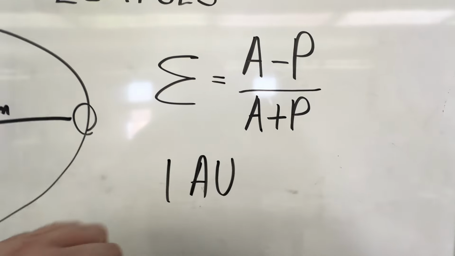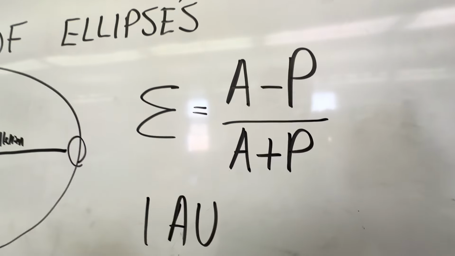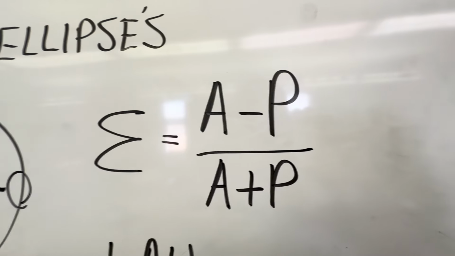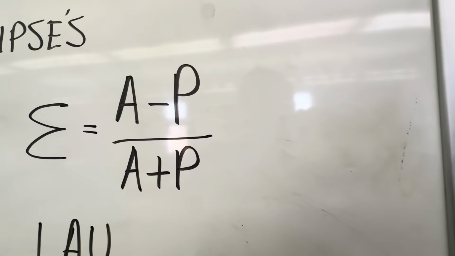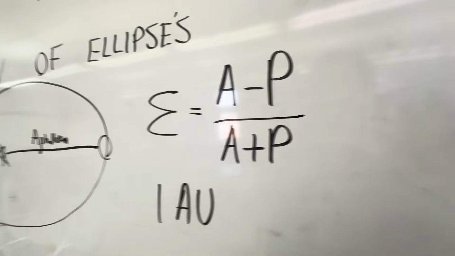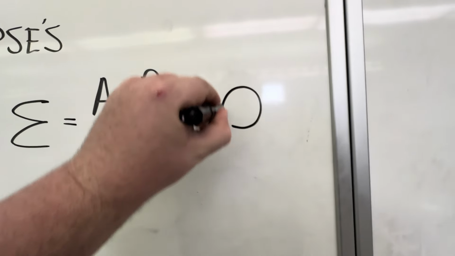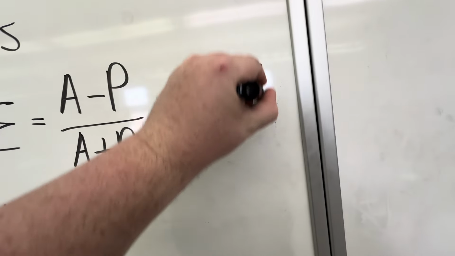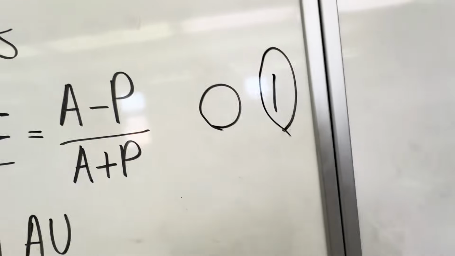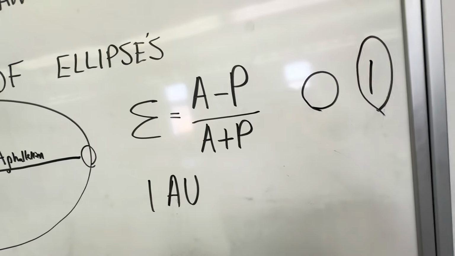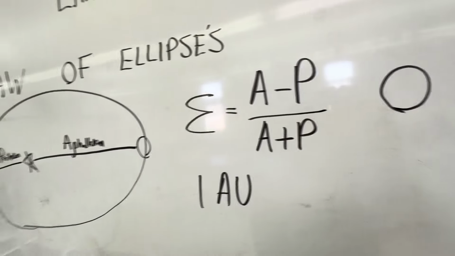So what you're gonna do is find the A and P of each planet, plug them into the equation. It's pretty straightforward. You should get a little decimal out of here. The closer it is to 0, the more round the orbit is. The closer it is to 1, the more stretched out the orbit becomes. And that's kind of the shapes that we're looking at today.